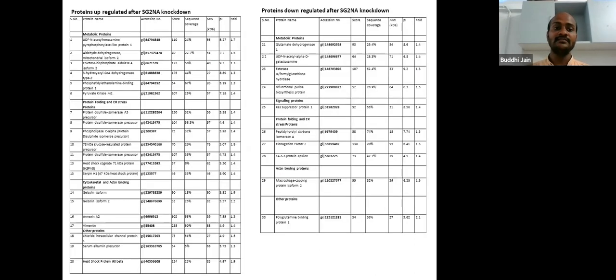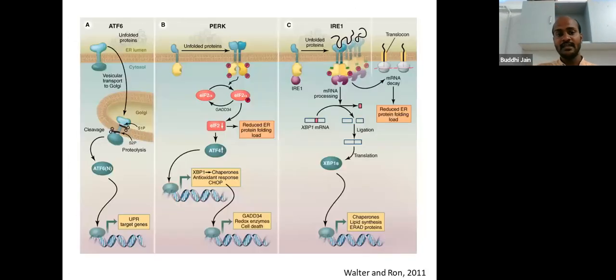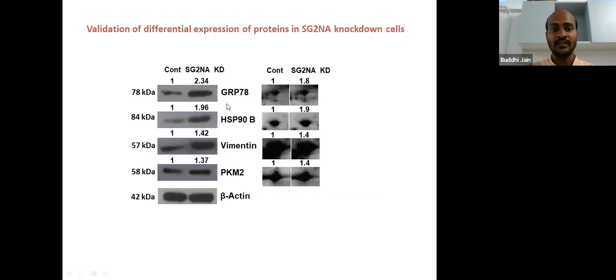So our next aim was to first validate our proteomic data, means whatever data we got in our proteomics, two-dimensional gel electrophoresis and MALDI-TOF, we wanted to confirm those data by Western blotting.